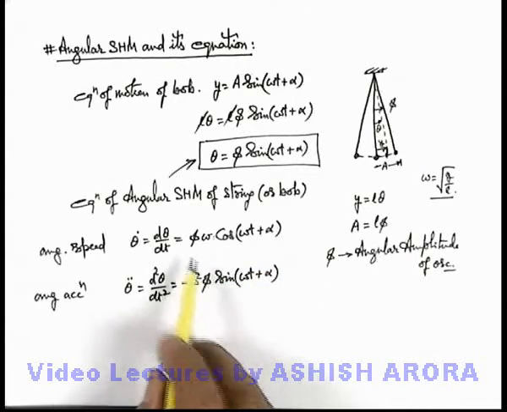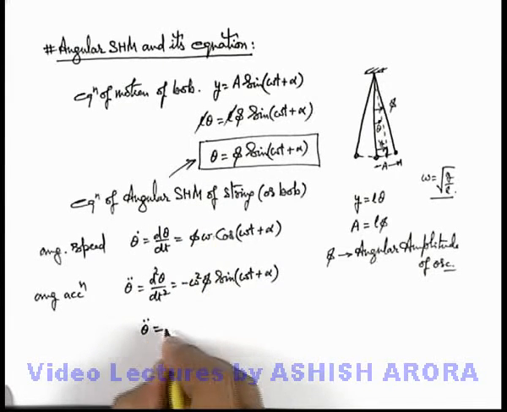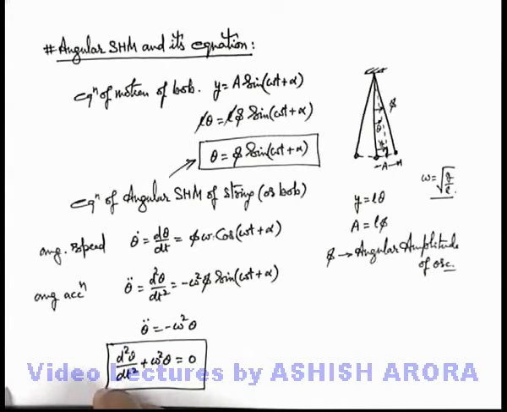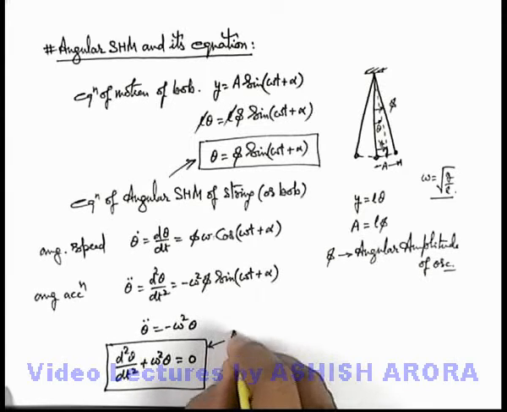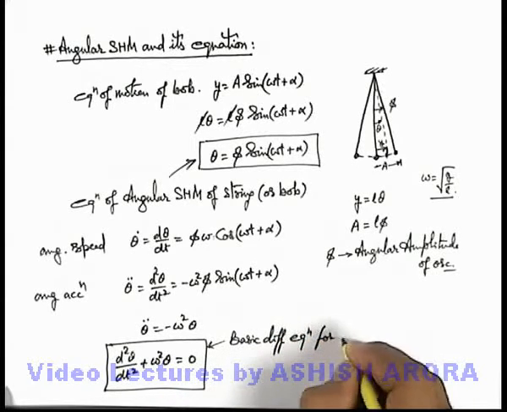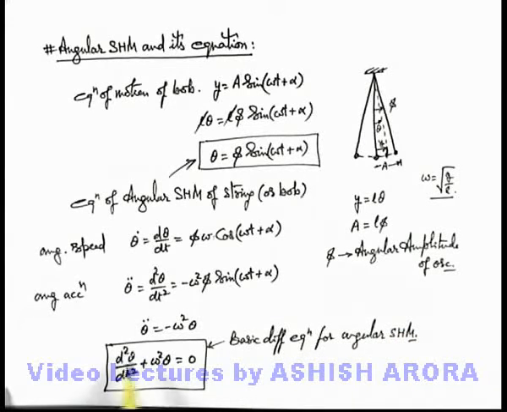Now if you just substitute the value of theta from here to here, you can see we'll get theta double dot is equals to minus omega square theta, which can be written as d square theta by dt square plus omega square theta is equal to 0, which is a familiar equation for all of you. And here this is written as basic differential equation for angular SHM. For linear SHM or translatory SHM, we use d square y by dt square plus omega square y is equal to 0.